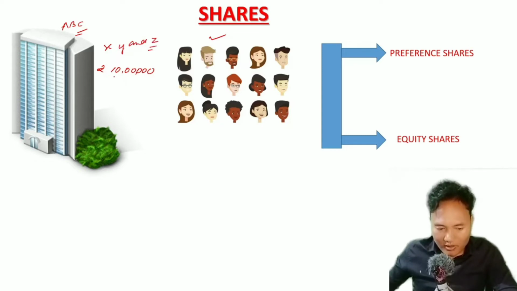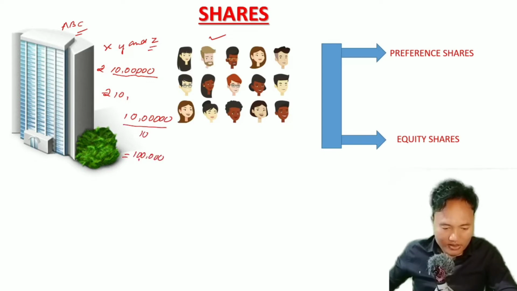Now they want to convert their authorized capital into the form of shares. They have considered the price of each share as rupees 10. Now let us divide the authorized capital, that is 10 lakhs, divided by 10, which is equal to 1 lakh shares. It means the total shares of ABC company is 1 lakh.